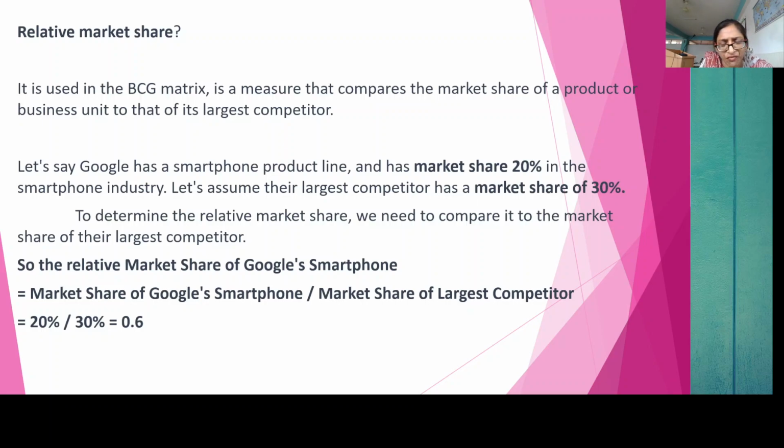Let's say Google has a smartphone product line and has 20% market share in the smartphone industry, and its largest competitor has a market share of 30%. So the relative market share will be the market share of Google smartphone divided by the market share of the largest competitor. That is 20% divided by 30%, which is two thirds, about 0.67.